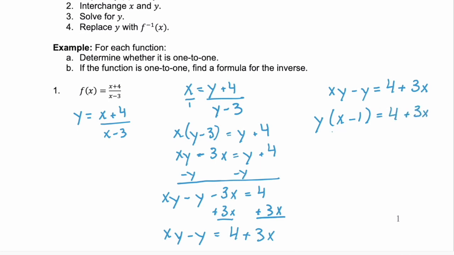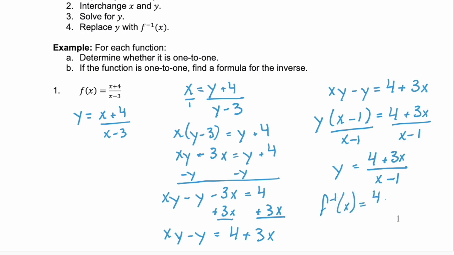Now if we divide both sides by x minus 1, we're left with y on the left, and on the right we have 4 plus 3x over x minus 1. So we've completed step 3, solving for y. Now we just replace our y with f inverse of x is equal to 4 plus 3x over x minus 1.